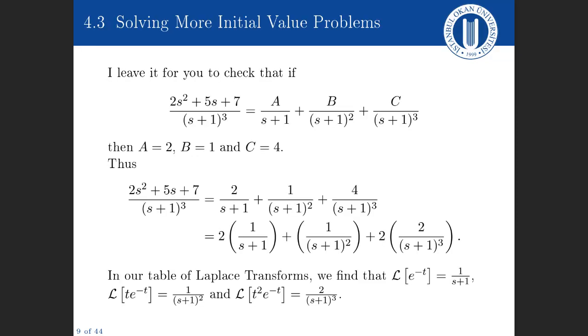Looking at your table of Laplace transforms, you will find that the Laplace transform of e to the power minus t is 1 over s plus 1. The Laplace transform of t e to the power minus t is 1 over s plus 1 squared. And the Laplace transform of t squared e to the power minus t is 2 over s plus 1 cubed. These are the ones we need.